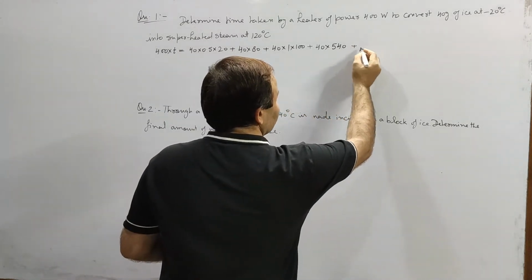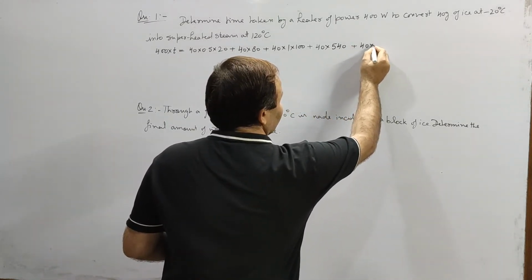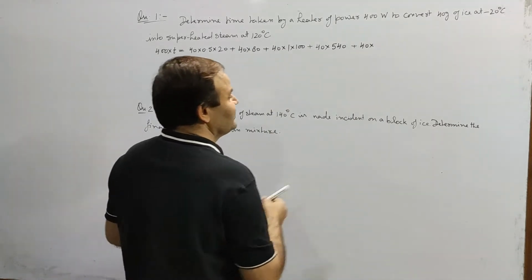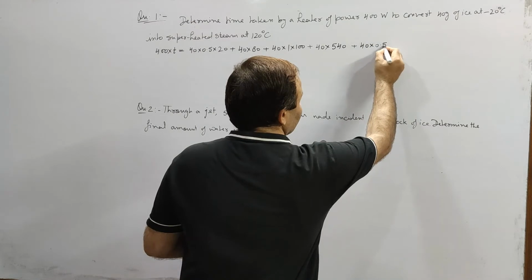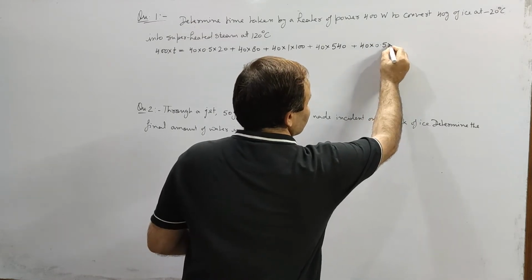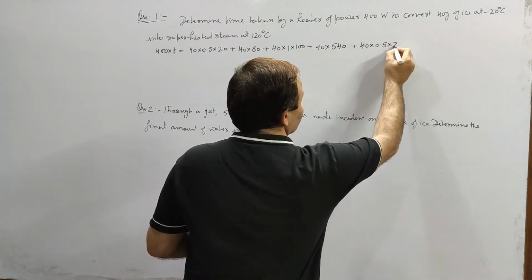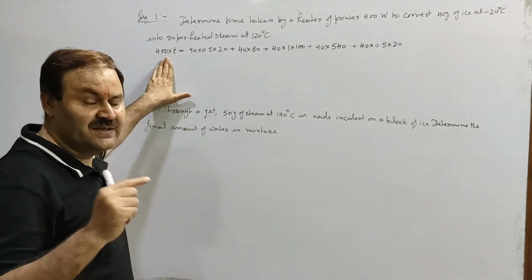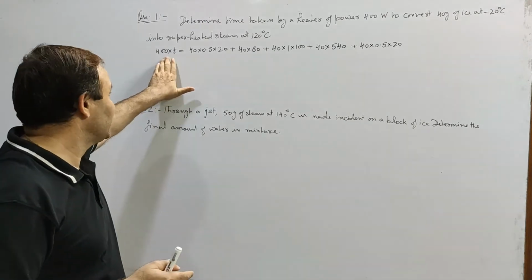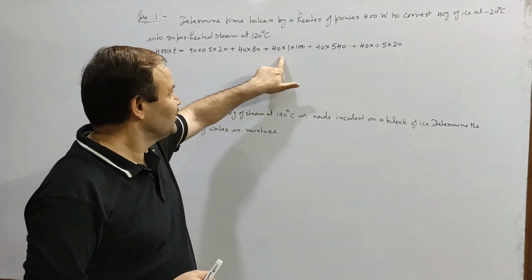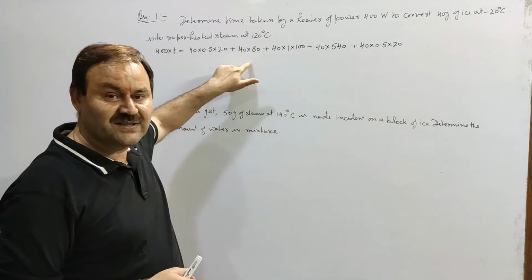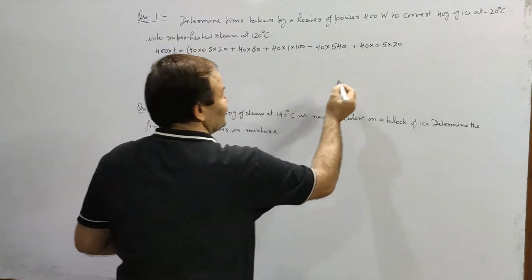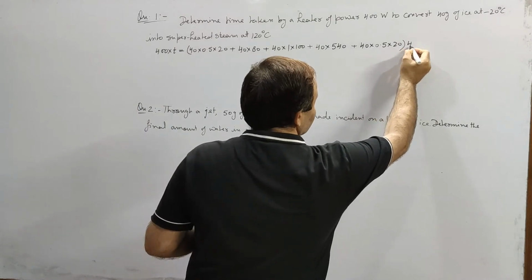So MC delta T, M is 40, and specific heat capacity of steam is same as that of ice, that is 0.5 calorie per gram per degree Celsius, into change in its temperature is 20. And on RHS, heat will be in joule if time will be in second, but here on RHS all these heats are in calorie. So to convert all these heats into joule, we will multiply this expression by 4.2.